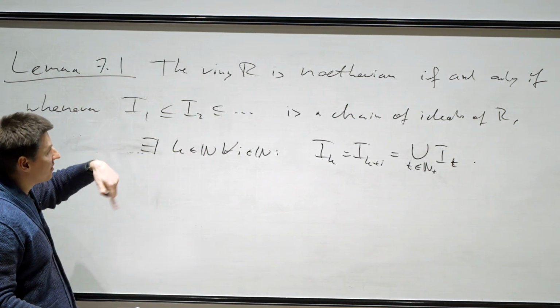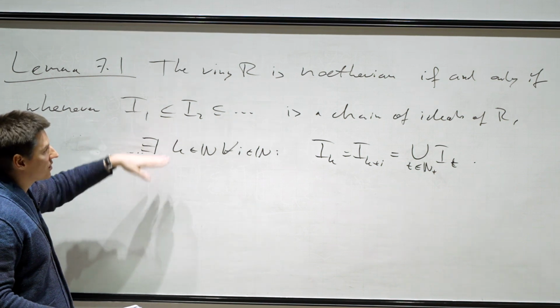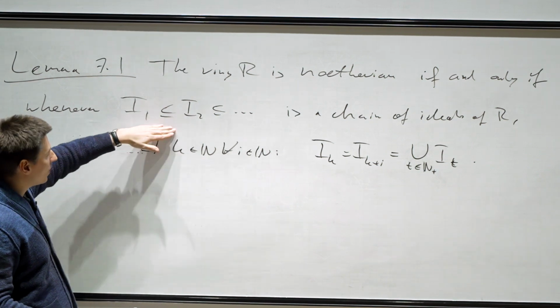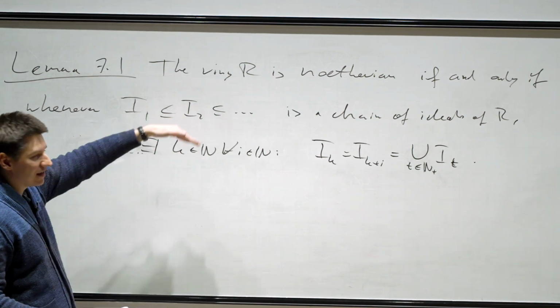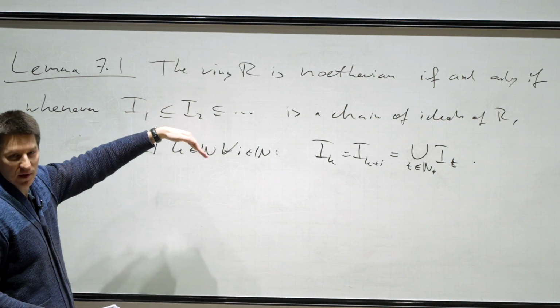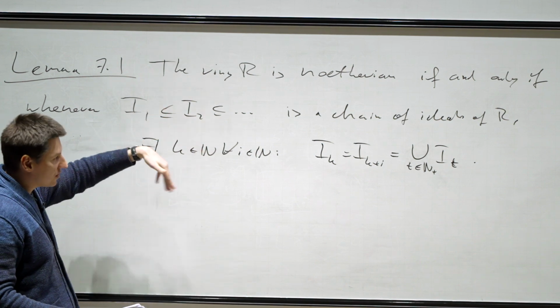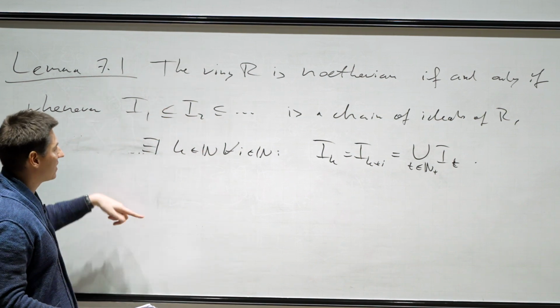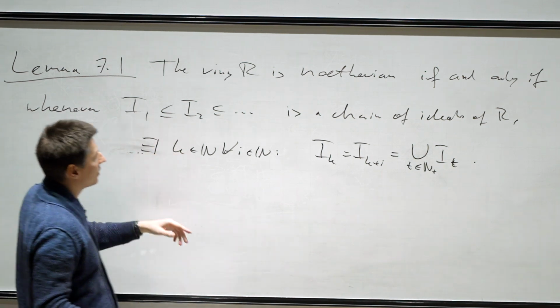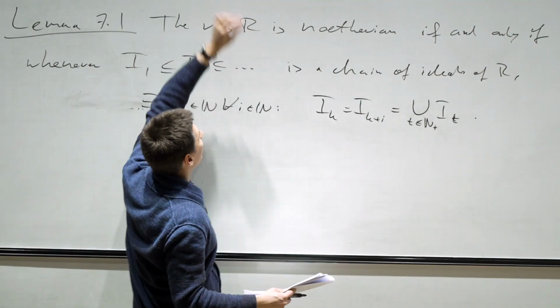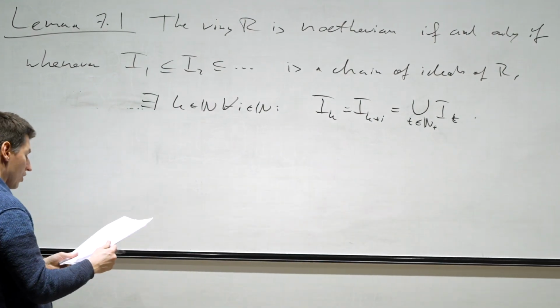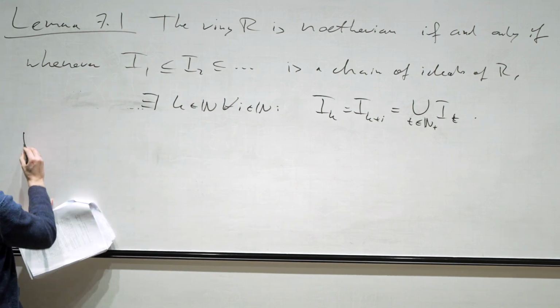The property of being noetherian shows up in other contexts, not just in ring theory, and it's always a condition about ascending chains stabilizing. There's also a condition about descending chains stabilizing. That's called Artinian, but we are not going to really talk about it much. So let's prove it.